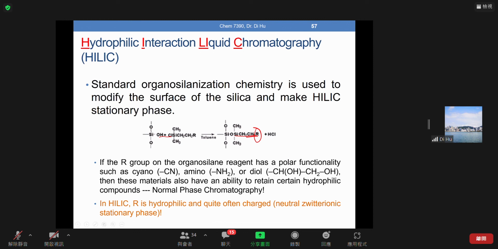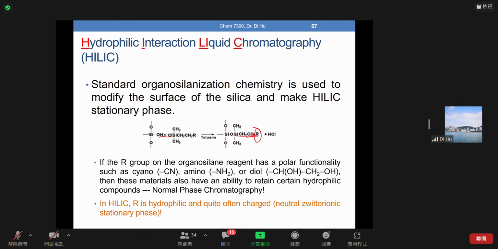Obviously no, right? They're not polar, they're pretty non-polar, so they're not a good solvent to be used in the mass spectrometer. They cannot be easily ionized in ESI, so not really a good choice.